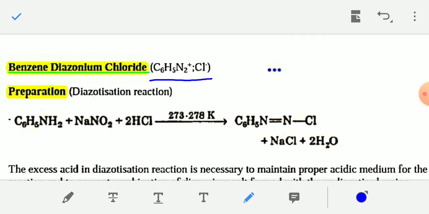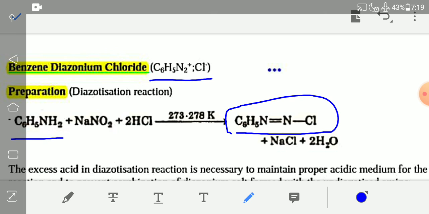When aniline reacts with NaNO2 in HCl at 0 to 5 degrees Celsius, that is 273 Kelvin to 278 Kelvin, it will be converted into C6H5N2 Cl, benzene diazonium chloride.